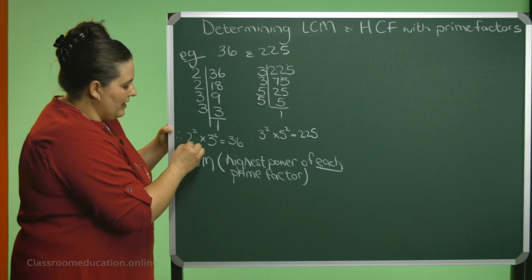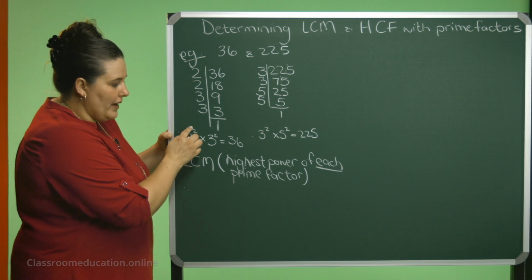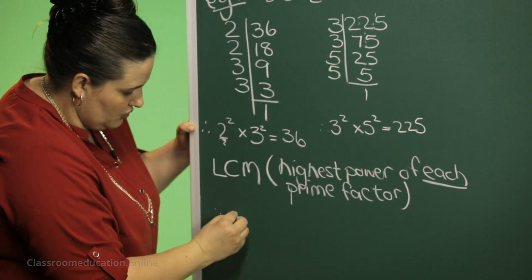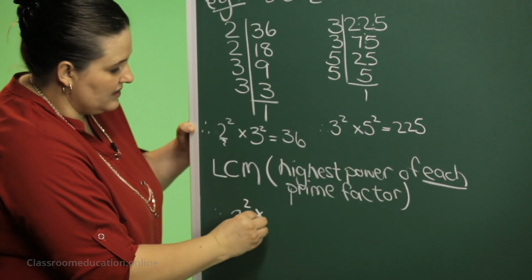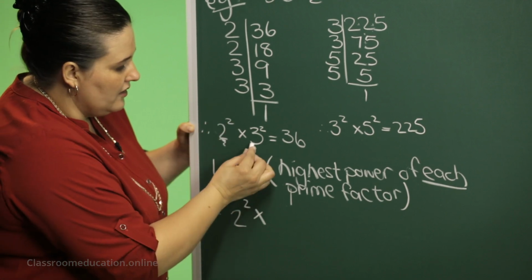Here I have a prime factor 2. What's the highest power? 2 squared. Times, I have a prime factor 3. What's the highest power? 3 squared.